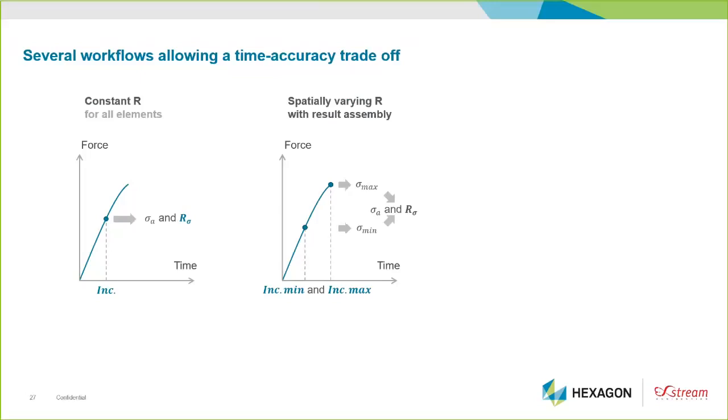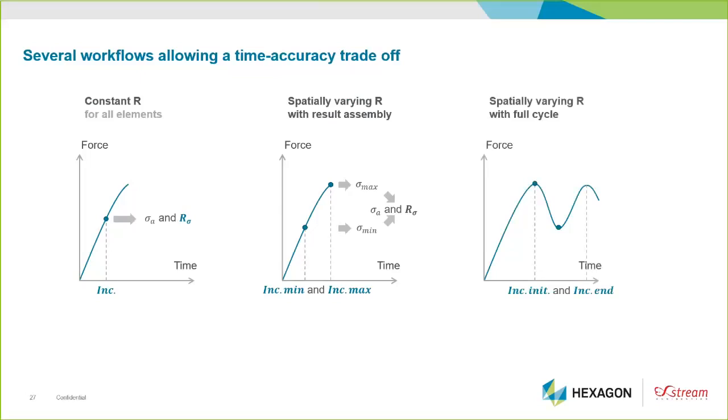And there's a third workflow, which is pretty much aligned with what we were already providing in terms of fatigue, which is the spatially varying load ratio with full cycle simulation. As its name states, we describe the full cycle in terms of load amplitude, defining the beginning and end of the cycle.